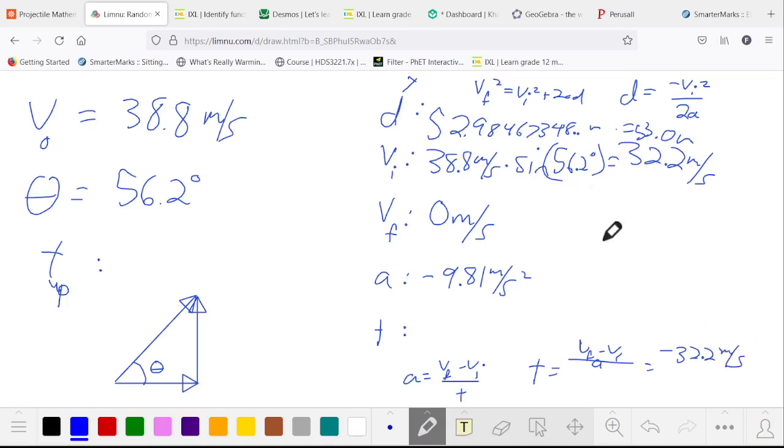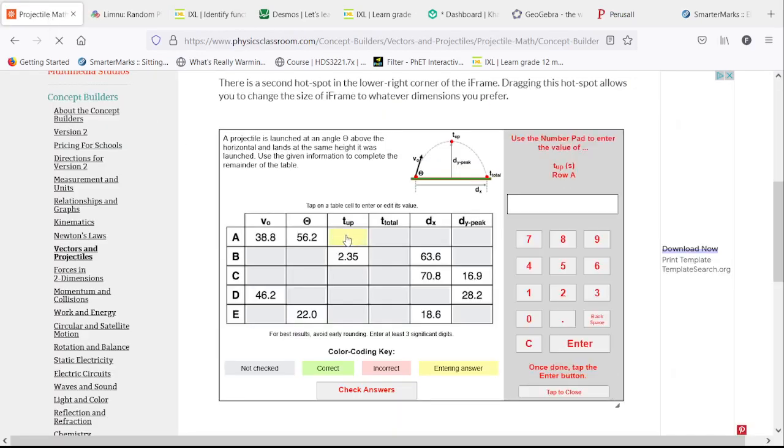Careful to use all the digits we had in our calculator for this, divided by a negative 9.81 meters per second squared. So the time works out to 3.29 seconds. This is just the time up, but that's enough to fill in this blank in the table.